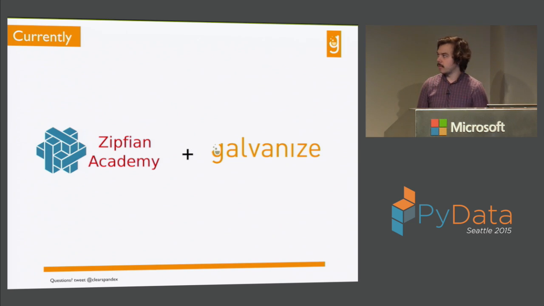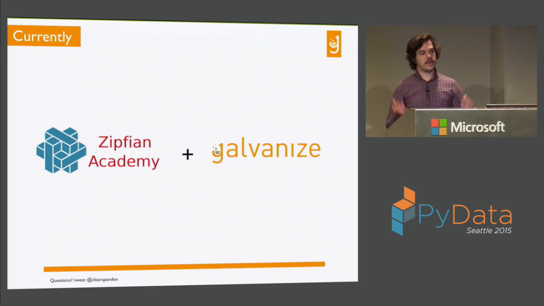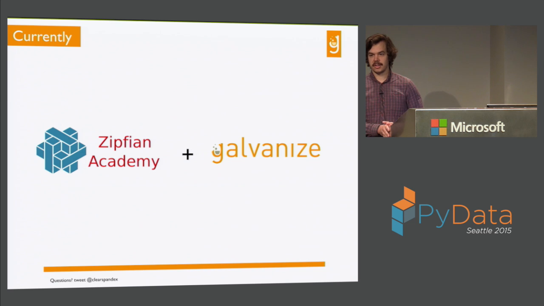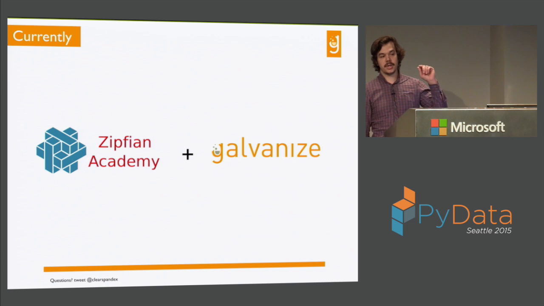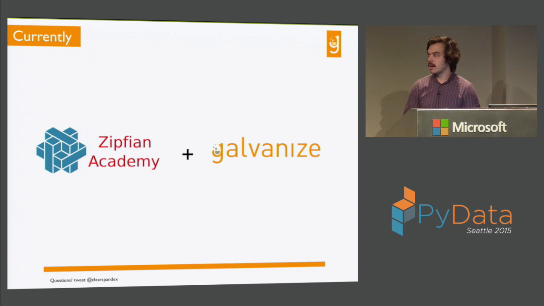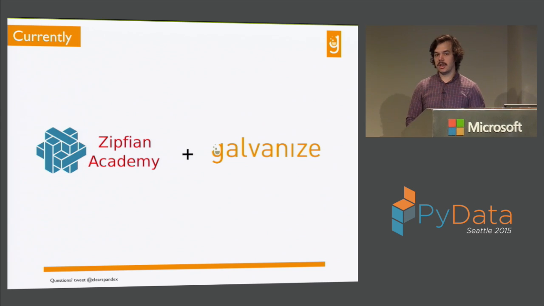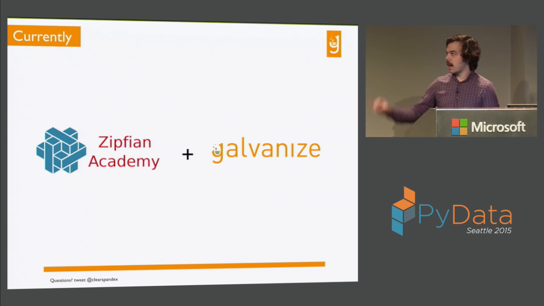And for folks who don't know about Galvanize, it is a member and student community for education and entrepreneurship. Raise your hand if you've heard of Galvanize before. Awesome. So very excitingly, Galvanize just opened up a Seattle campus. So I'm excited to get excuses to travel up here. We have a campus that just opened up in Pioneer Square, but I'm headquartered out of San Francisco, where I founded Zipfian Academy, which was a 12-week immersive data science bootcamp.